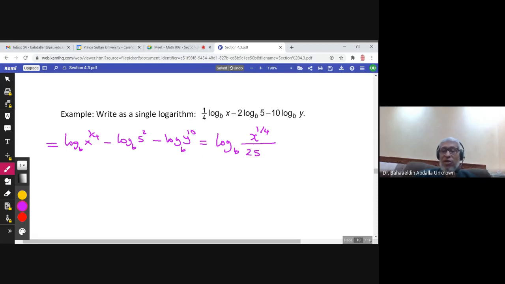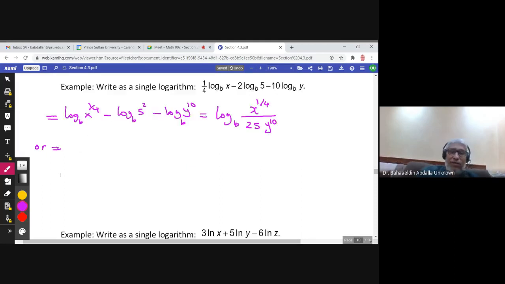And this is y to the power 10 will be also written down because there is a minus before the log. Now, if you cannot understand this, you can do it as follows.